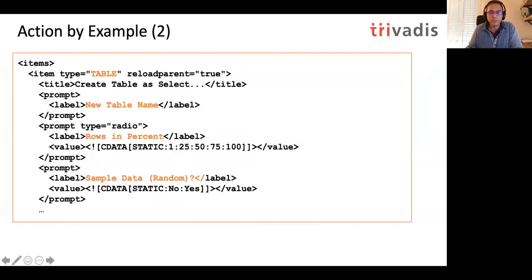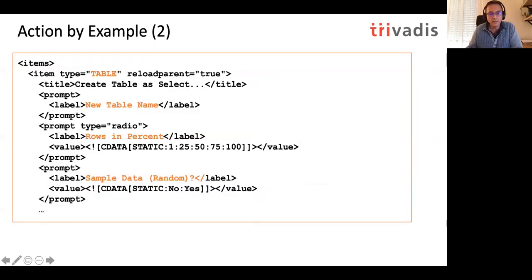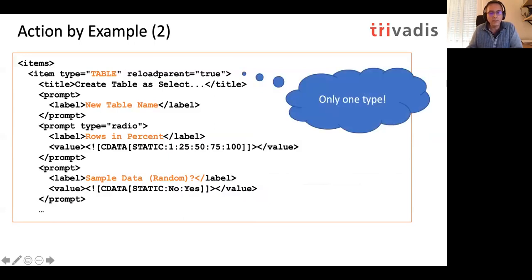So therefore I just have this type, no, I have to define for which node this action is valid. So I have to define it here for that table. And it's important to notice that it's just one type. It's not a list as we have seen before for the editors, it's just one. So if I want to have an action for several objects, I have to copy that stuff.